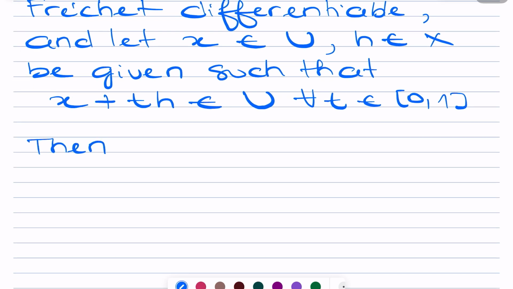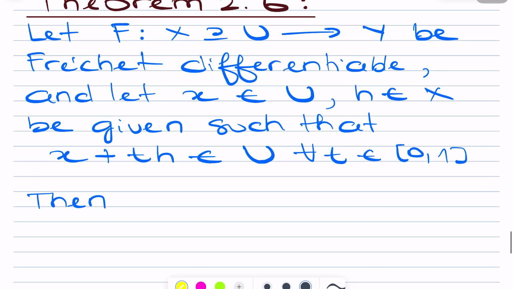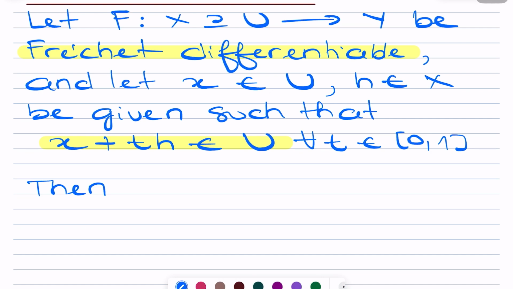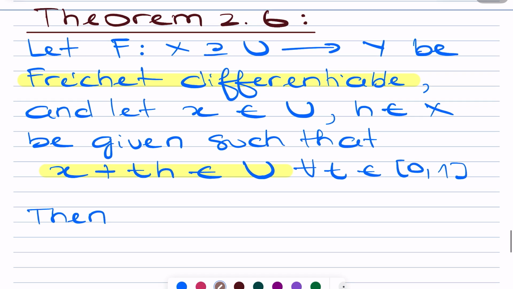Before we proceed, let me just highlight f should be Fréchet differentiable, and also we need to make sure that x plus th is actually a feasible direction. So if you have this assumption, I think I forgot something. This U should be open.